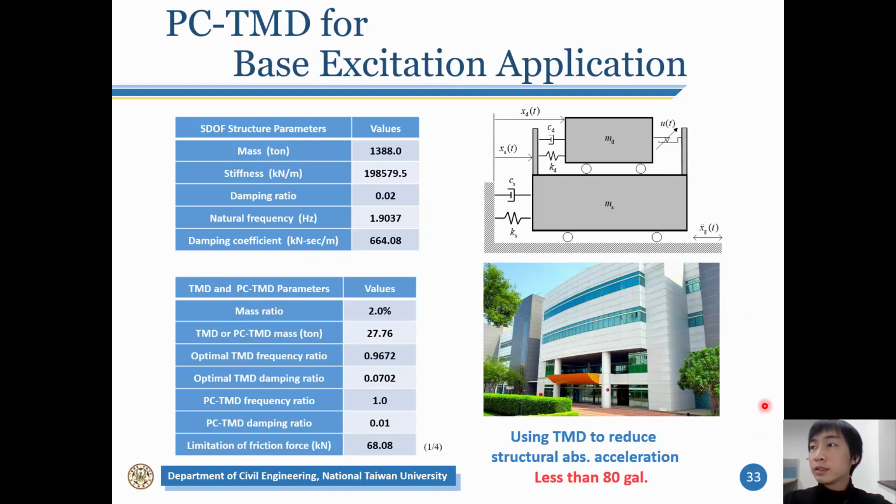Okay, next we simulate a high-tech factory subject to an earthquake, using the phase control tuned mass damper to reduce the vibration. The frequency of the factory is about 1.9 Hz. And we want to reduce the structural acceleration to less than 80 Gal under small to middle scale earthquakes.